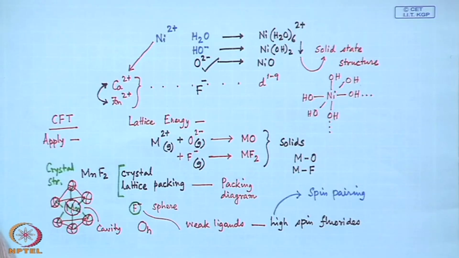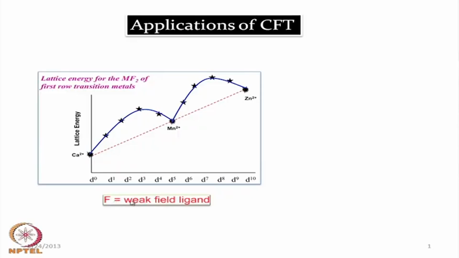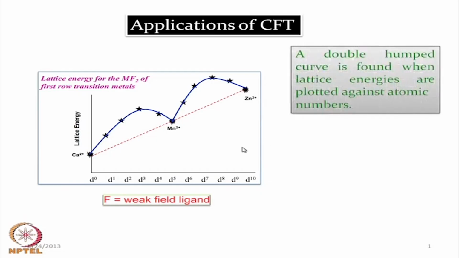So, we have these fluoride anions, which are the weak field ligands, and these fluorides are showing us octahedral geometry. We determine the experimental values for the lattice energy, and we plot those lattice energies against the d electron configurations.